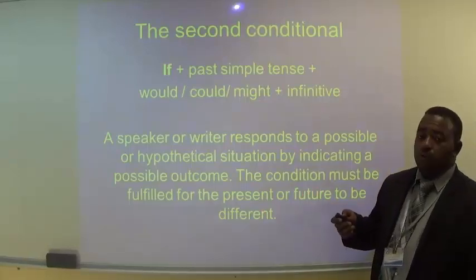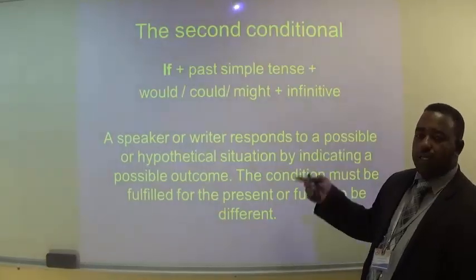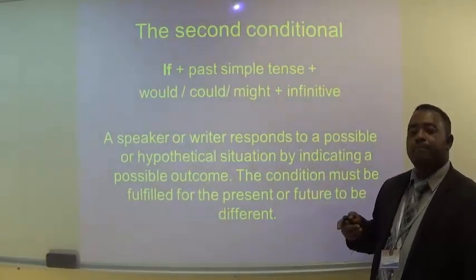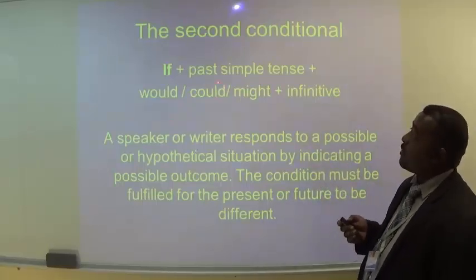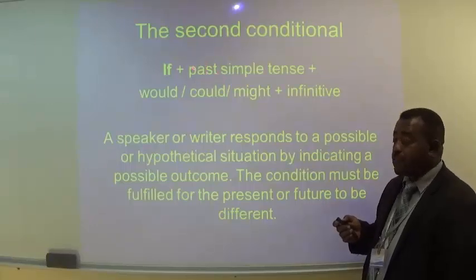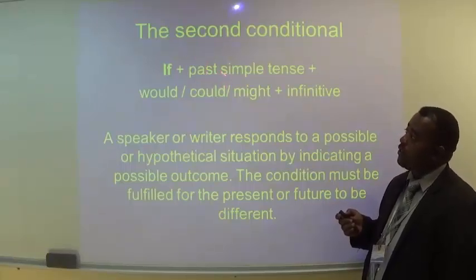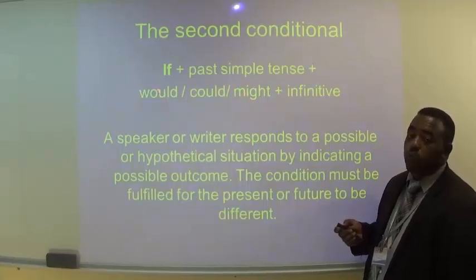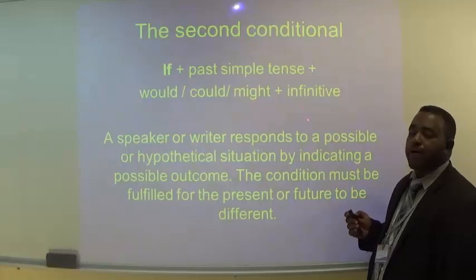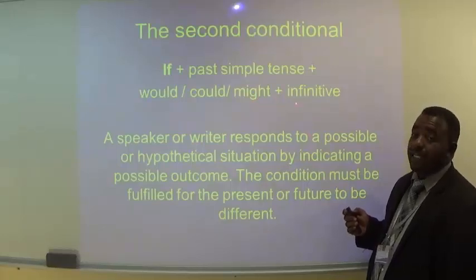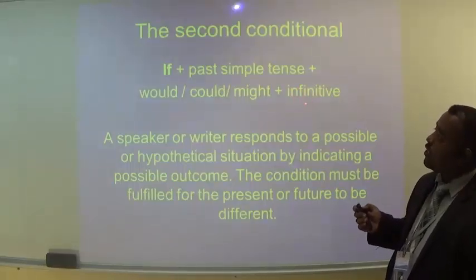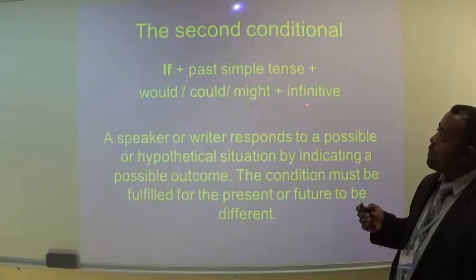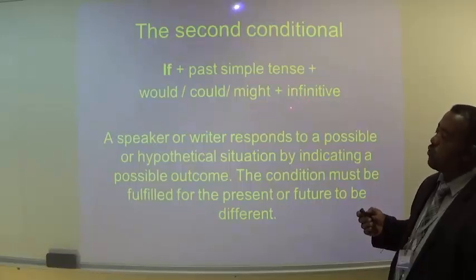The second conditional is totally different from the first conditional because it refers to the past, while the first conditional refers to the present. In the first conditional we use will, but here we use would and could and might, and the same for both, the verb is infinitive. We don't add anything to the verb.